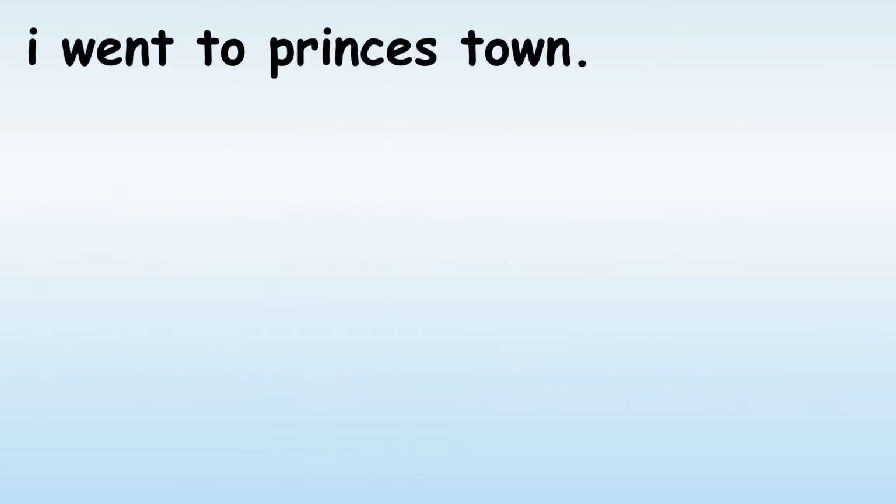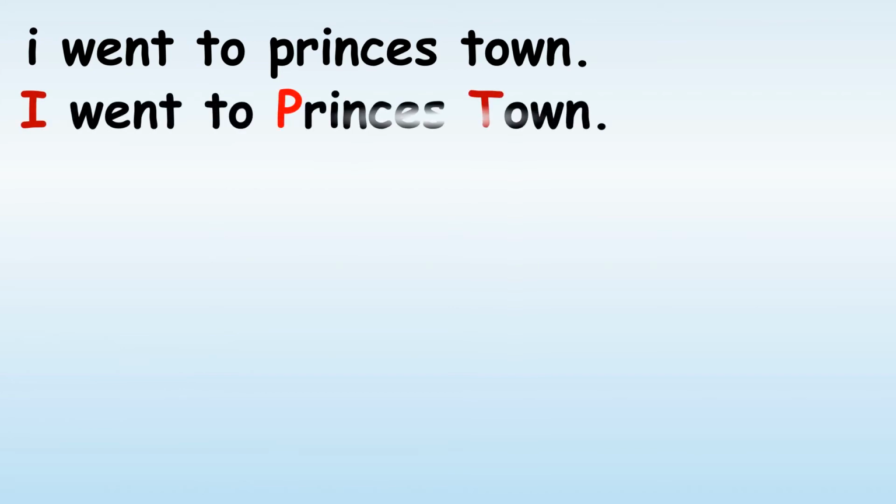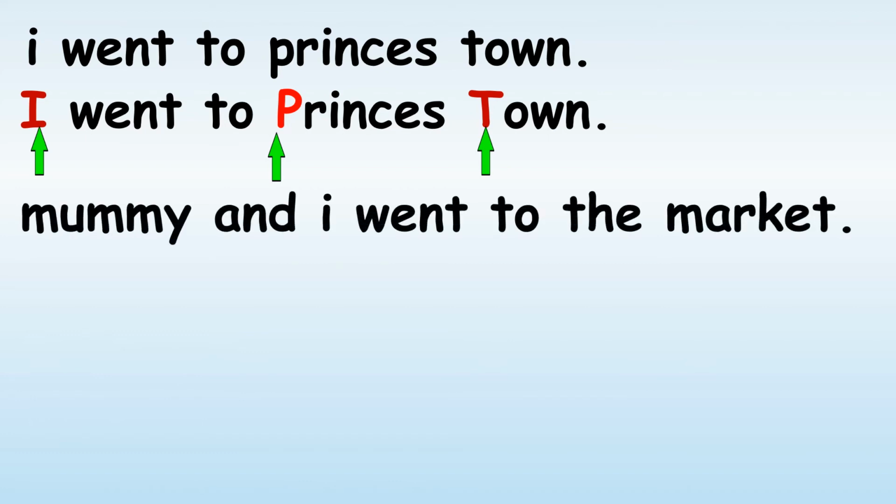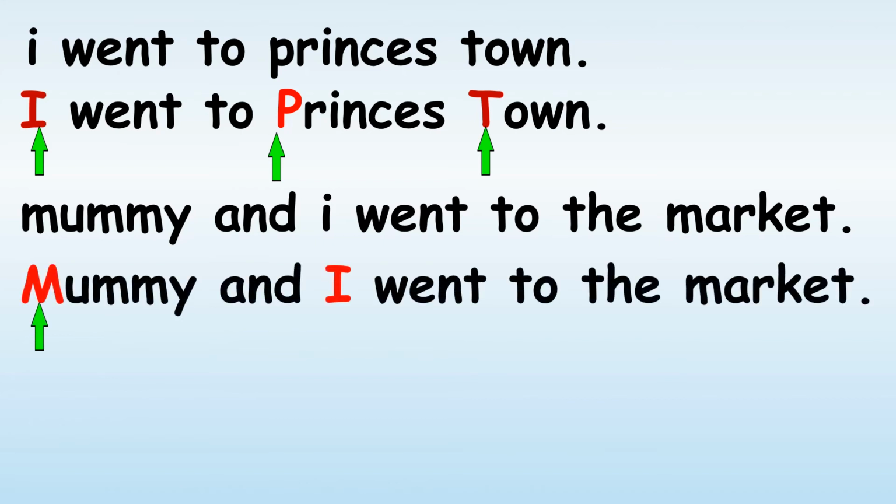I went to Princestown. So we have I, and Princestown is the special name given to a place. Mommy and I went to the market. So we have Mommy and we have I. Now we do not put a capital letter on the word market because market is not the special name given to the market.